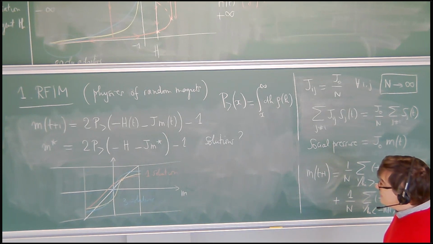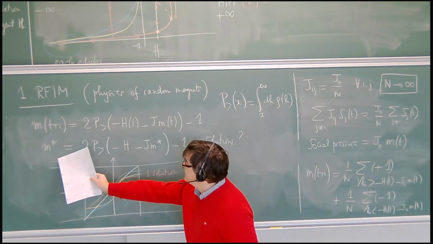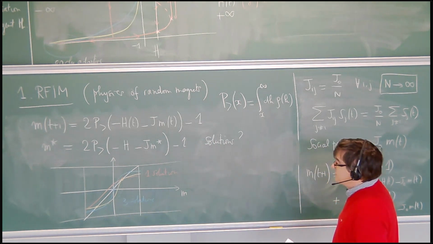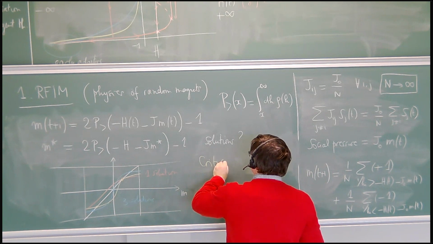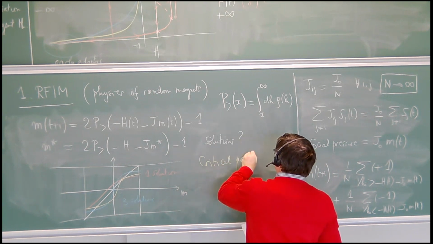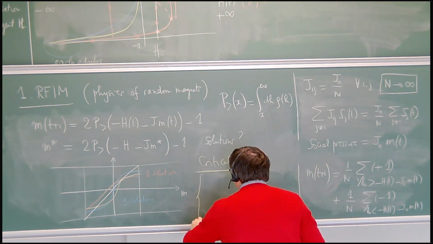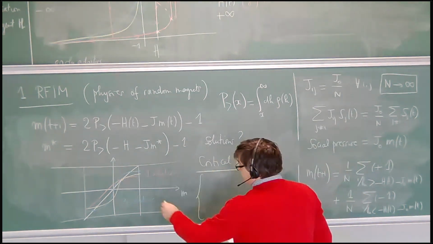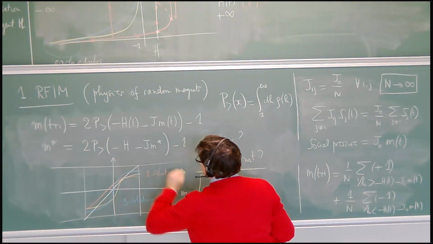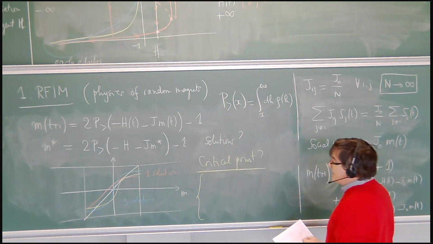Well, it's two equations simultaneously that must be obeyed. One is that m star still obeys this equation, so I still must have a critical point. So the critical point is determined by the joint solution of two equations. One is the same as this one, because this is the line that I'm drawing for the right-hand side, and it still has to touch the x equal y line.